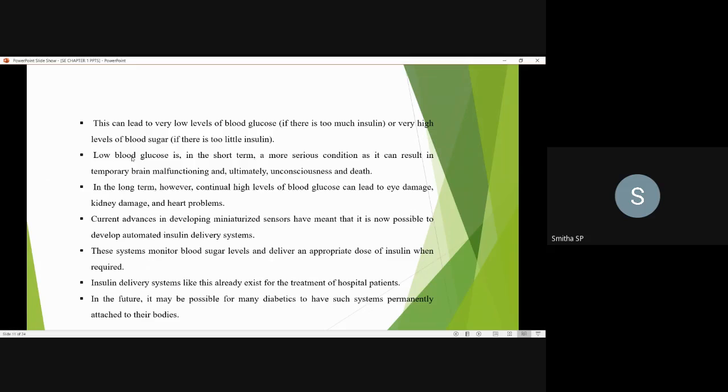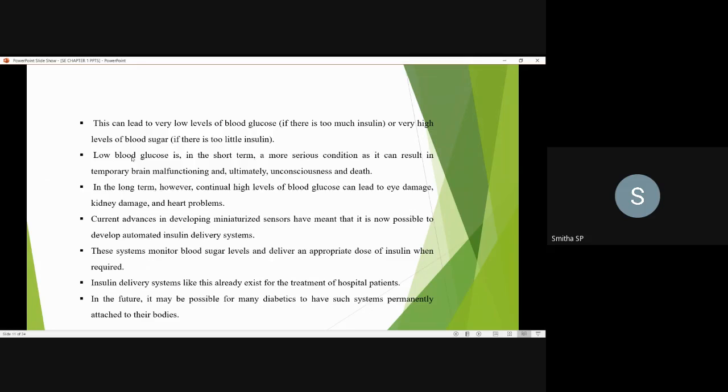A low glucose level is a serious condition where it can lead to temporary brain malfunctioning, and ultimately to unconsciousness and death. Whereas high levels of blood glucose can lead to eye damage, kidney damage, and heart problems. So these conditions will lead to such severe problems.